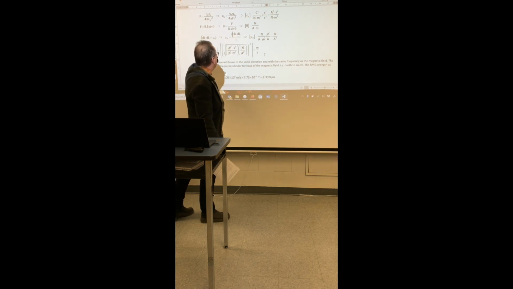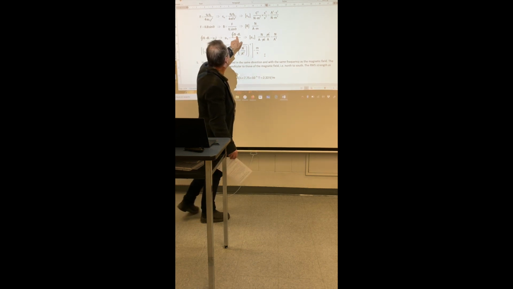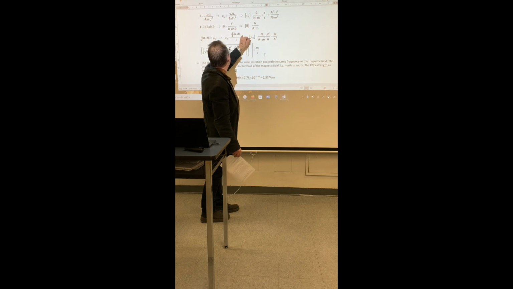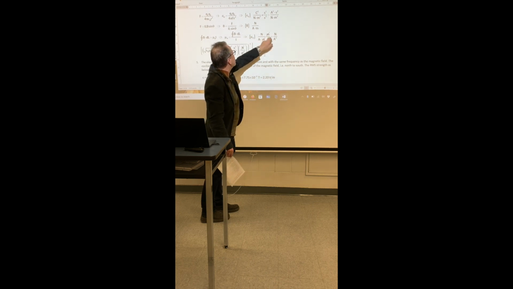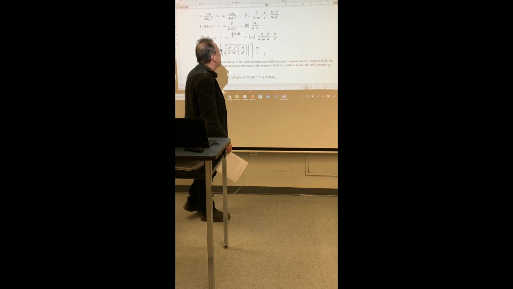Here's Ampere's law, so dimensionally mu 0 is Tesla meters per amp, and if I put in the units for Tesla here, Newton per amp meter, times meters over amp, these cancel out, so it's Newtons per amp squared. Okay. I'm going to leave Newtons in instead of reducing them.